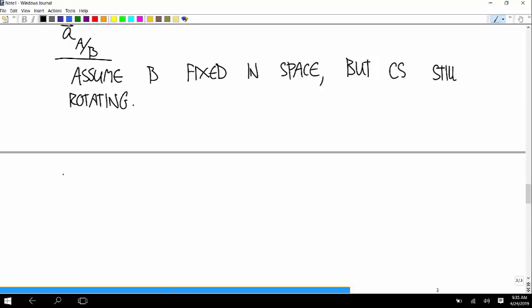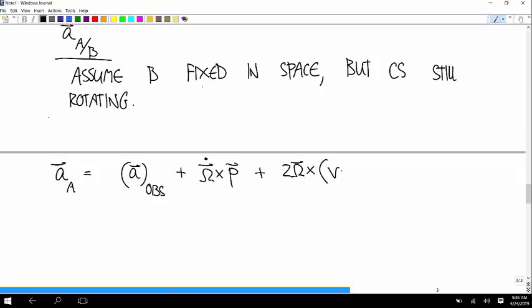Okay, so the acceleration of A is equal to the observed acceleration of A, plus capital omega dot crossed with the position vector, plus 2 times capital omega crossed with the observed velocity vector of the astronaut, plus capital omega cross quantity capital omega cross P.